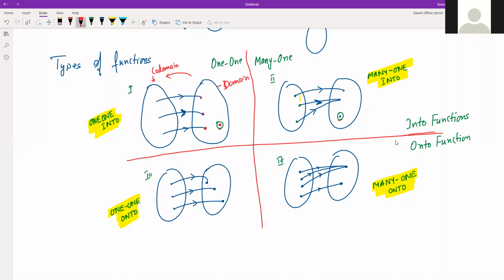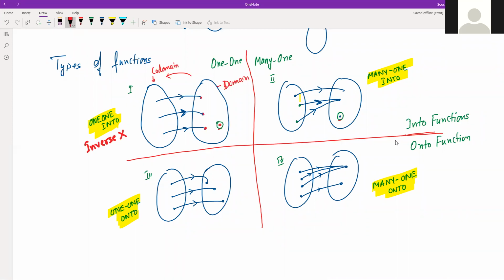And the function definition is that the condition for a relation to be a function is that all elements in the domain must have an image. So that means here that is not possible. So we'll say that inverse is not possible.